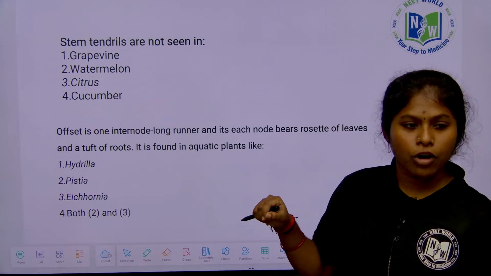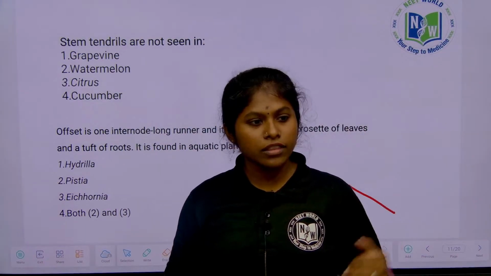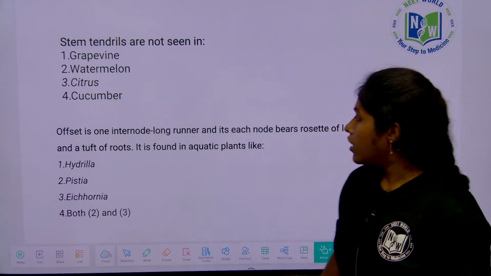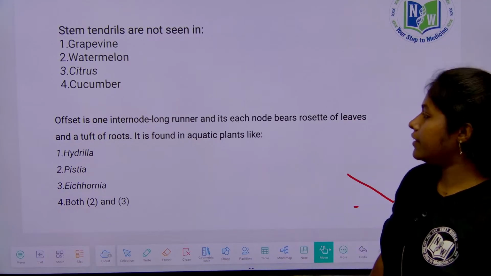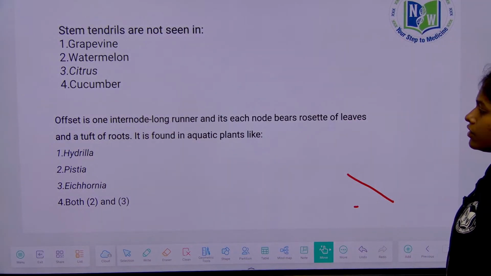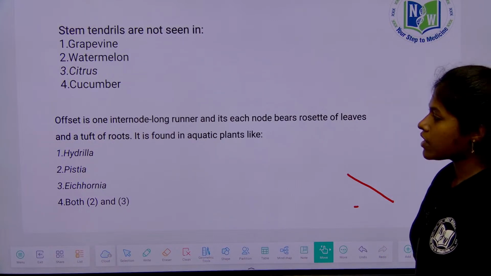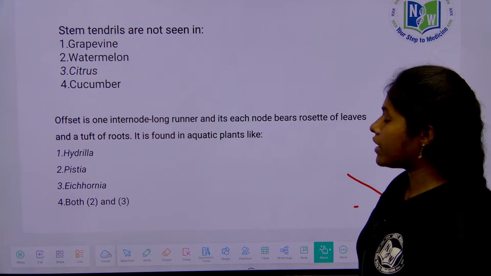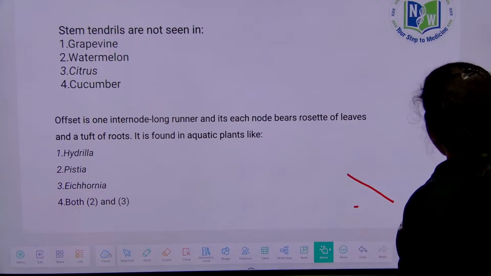Aerial stem modification, which means the modification is happening in the aerial parts of the stem, not underground, not subaerial. Next question, see, offset is one internode long runner, and each node bears a rosette of leaves and a tuft of roots. It is found in aquatic plants like, very easy questions I have kept, no?